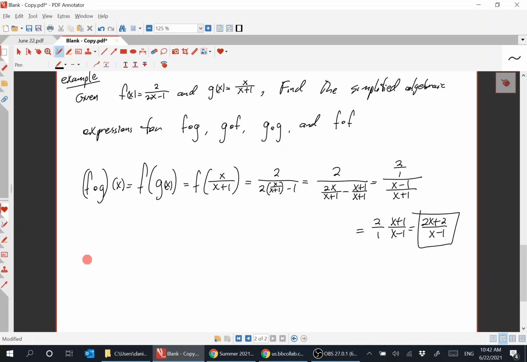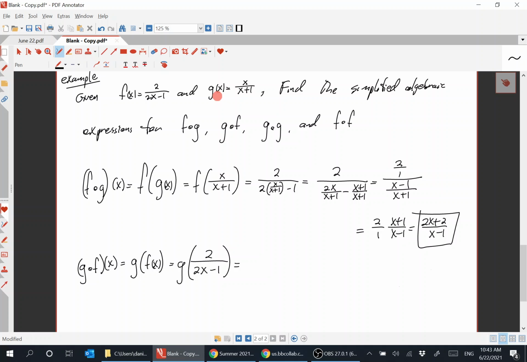How about this? G following f of x. Right, this is g of f of x. What is f of x? F of x is right here. F of x is 2 over 2x minus 1. So now what is g?